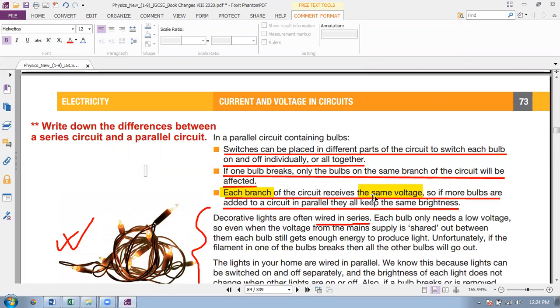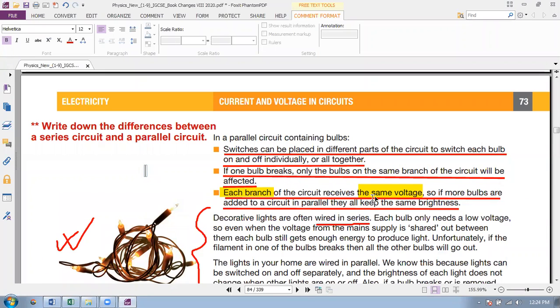Then in a series circuit, one switch can control all the components, and in a parallel circuit, different switches are placed in different branches, so each branch can be controlled individually. In a series circuit, if one component goes off, the whole circuit breaks. But in a parallel circuit, if one component goes off, the problem is only in that branch, not in other branches.